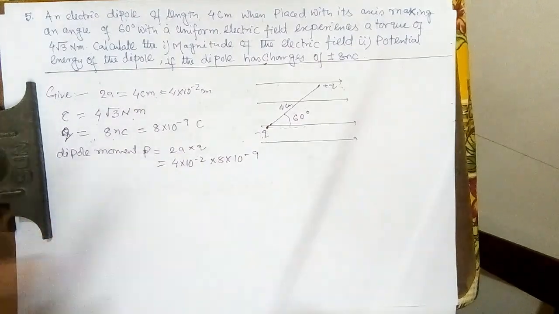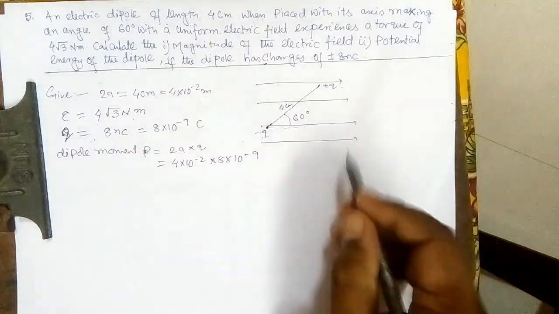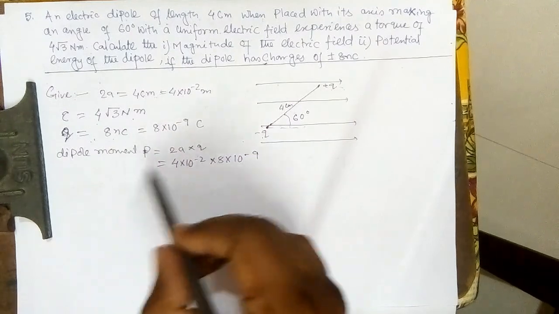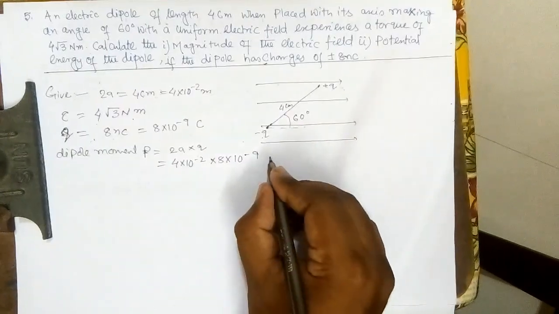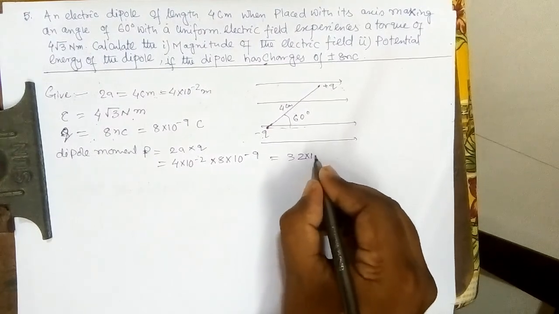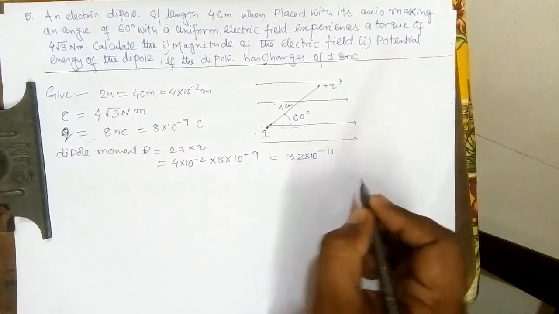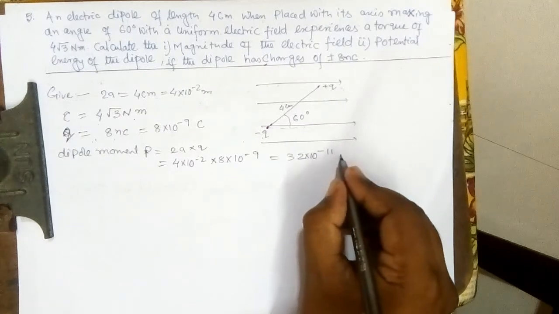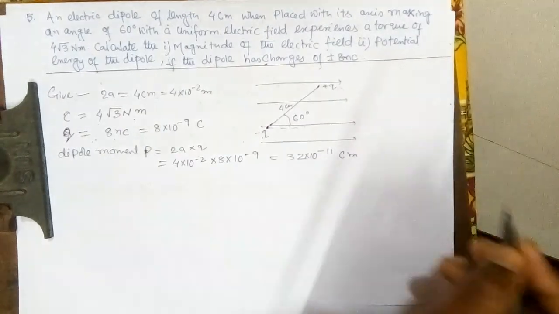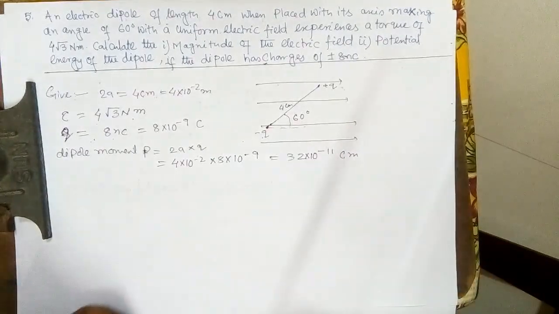Whenever we have to do anything related to a dipole, we have to find the dipole moment first. So 32 into 10 to the power minus 11 coulomb meter. Now we have to find what?